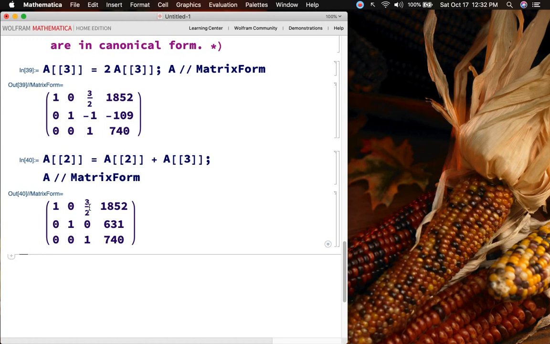Now I'm doing basically the same thing to the first row. There's a 3/2 here, but that number should be 0. How will I accomplish that transformation?